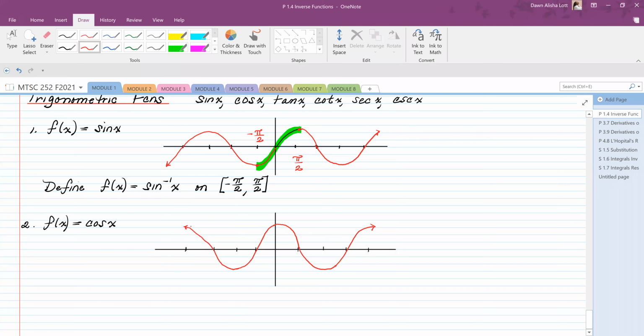And notice that the cosine of x also fails the horizontal line test.